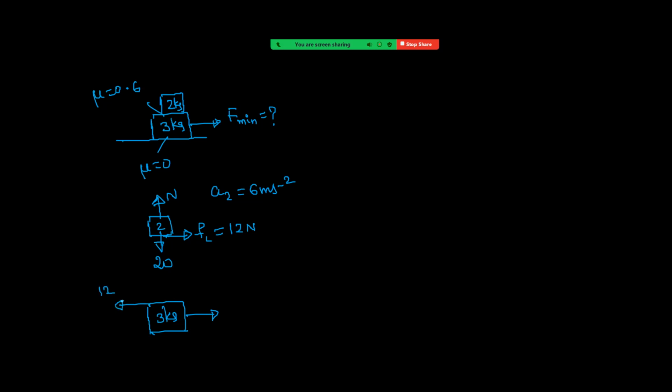It is 12. Since there is no slipping between the blocks, their velocities must be the same. So I can write V equals U plus at. Initially both blocks were at rest, so U is 0. Remaining is a into t.